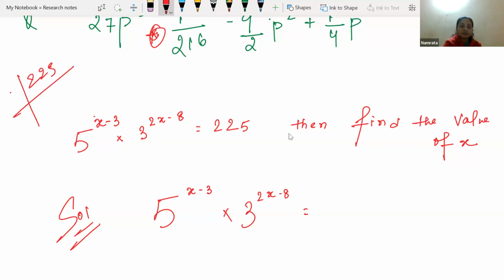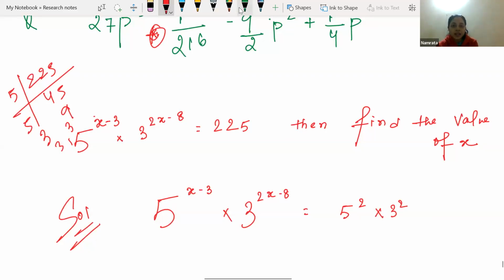225: 5 times 45, 5 times 9, 3 times 3, 3 times 1. So when we factorize 225, we get 5 squared times 3 squared. Now we can compare the exponents of both sides.